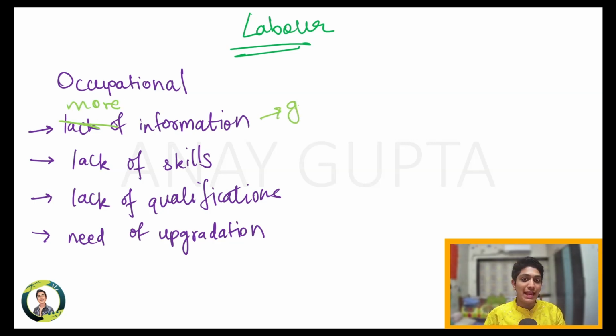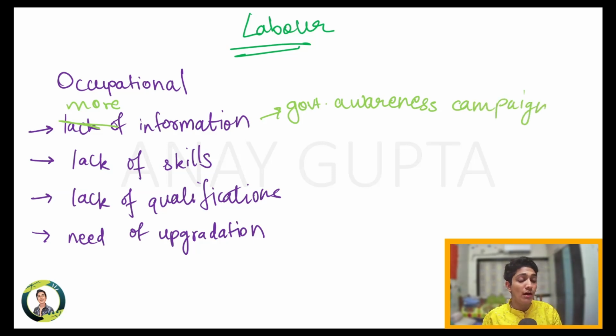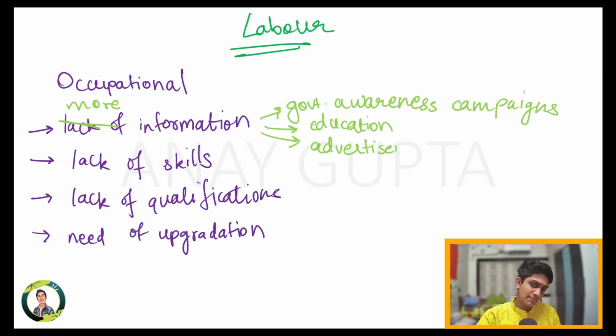That means there can be government awareness campaigns, right? There could be better education or widespread internet, outreach of internet opportunities, better advertisements, advertising of opportunities. That can help in spreading the information to more and more people.